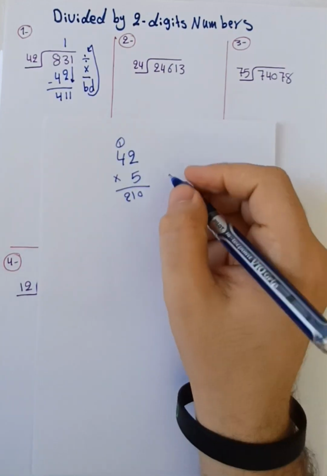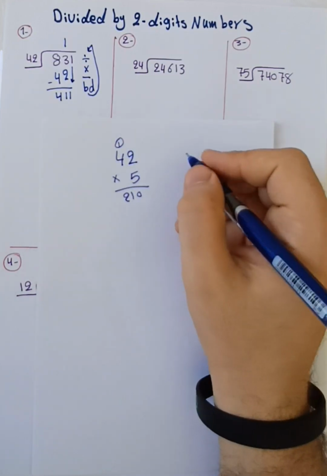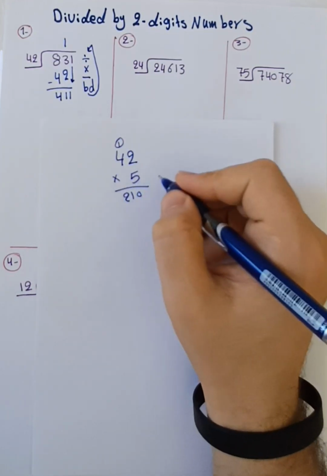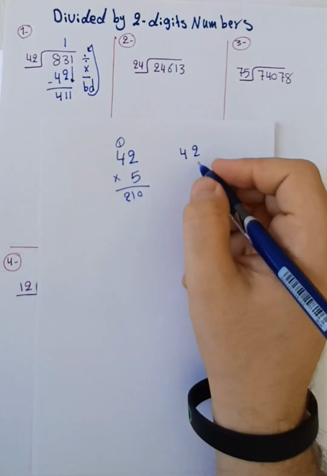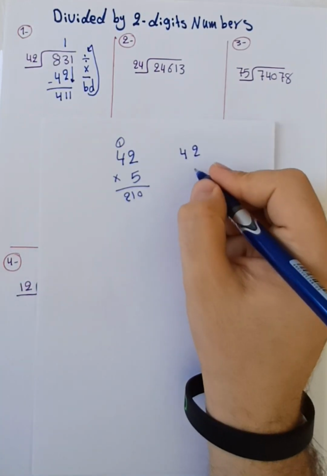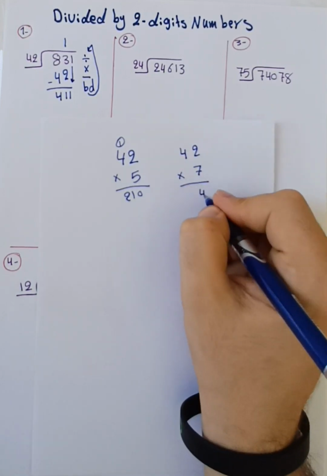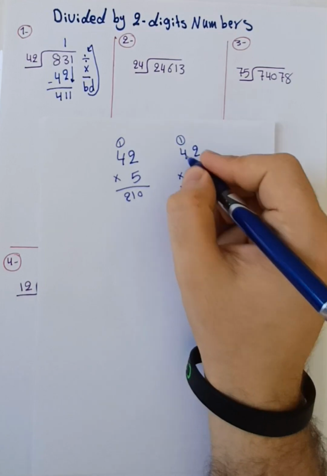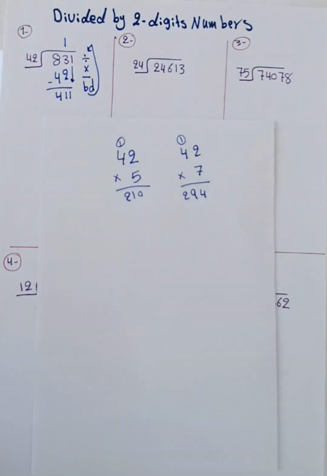210 is really smaller than 411. So instead of 5, this time I'm going to multiply this number by 7. 7 times 2 is 14, and 7 times 4 is 28 plus 1 equals 29. 294.